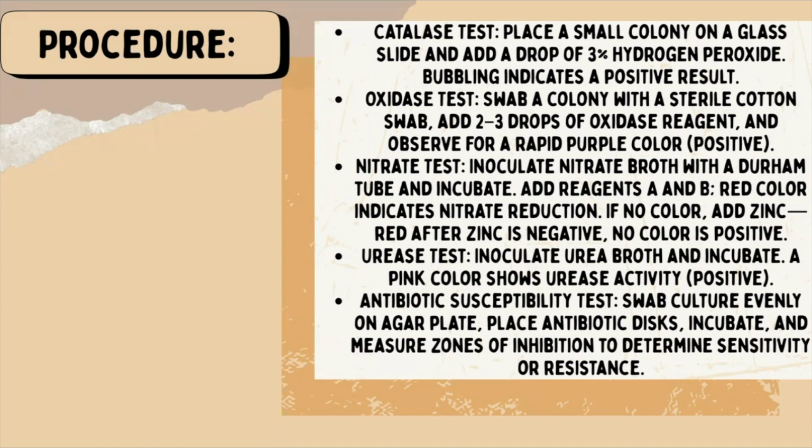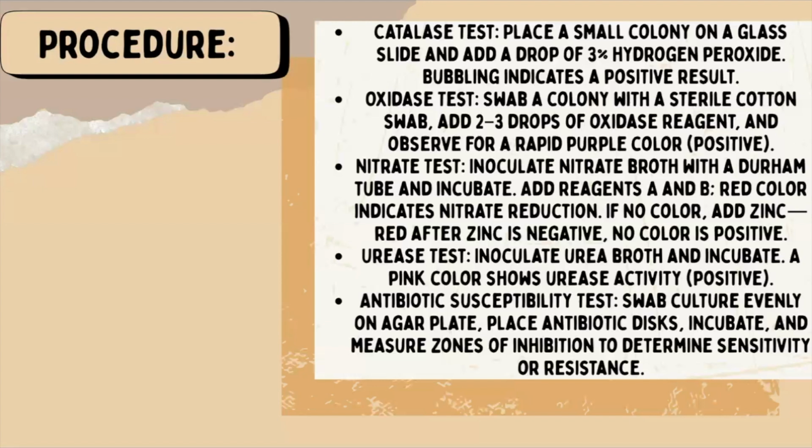And then for the nitrate test, we inoculated nitrate broth with a Durham tube and incubated. Then we added the reagents A and B, and a red color indicates nitrate reduction, and if no color was visible, we added zinc, and after zinc, red is negative, and no color is positive.